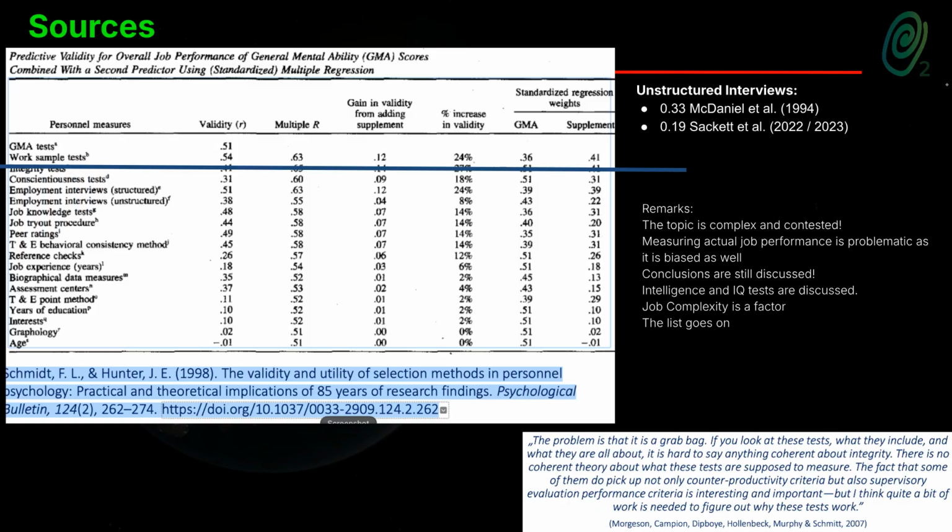But in a lot of other jobs, job performance is much harder to measure. Again, intelligence and IQ tests and all these kinds of things are still discussed. The scientific community doesn't really agree on all of it. Job complexity is, of course, a factor. Job complexity has increased over the decades, and that is changing, and the list goes on.